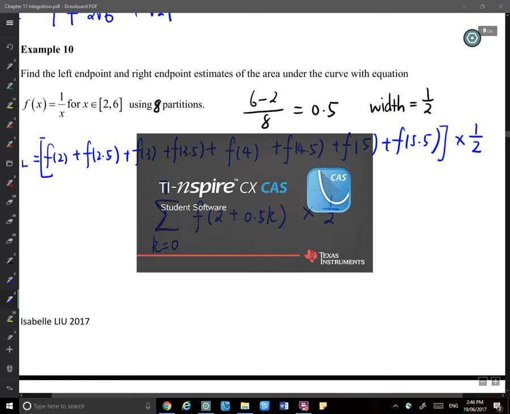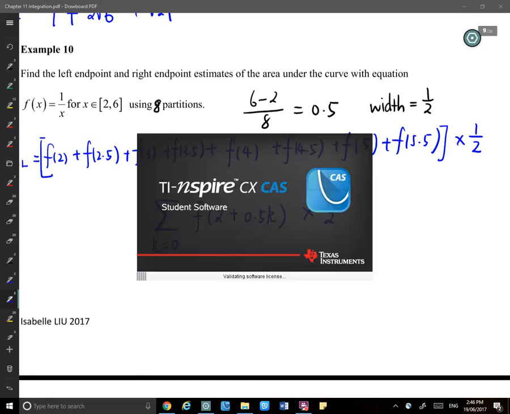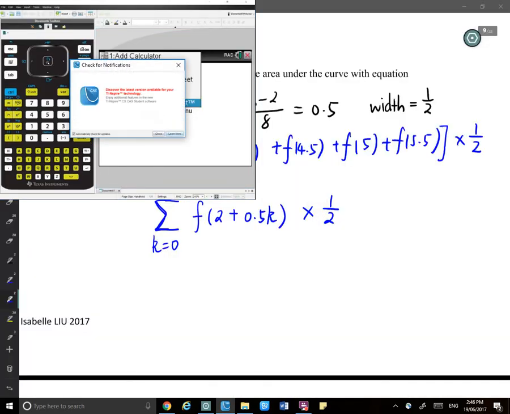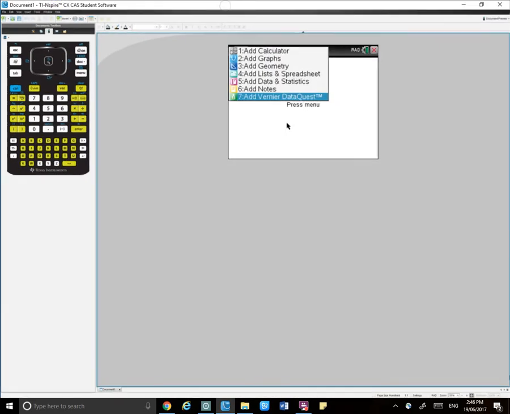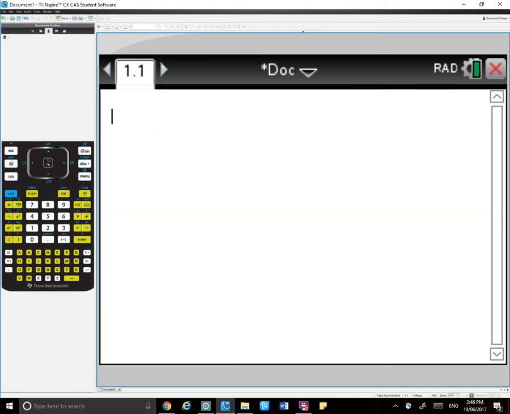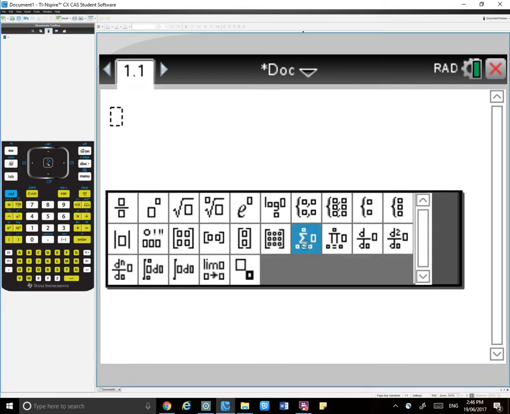Let's have a think, like in this calculator. Okay, I think it's inside here. Sum is here.